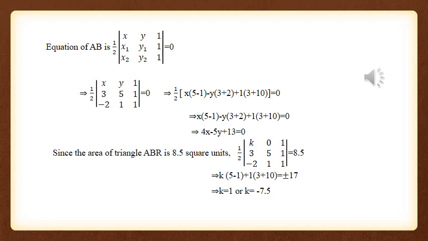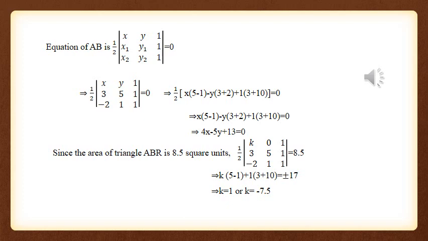Now we know this area is the absolute value of the expression. So the quantity after expansion may be negative or positive; we don't know because of this K value. So we took the right hand side as plus minus 17.